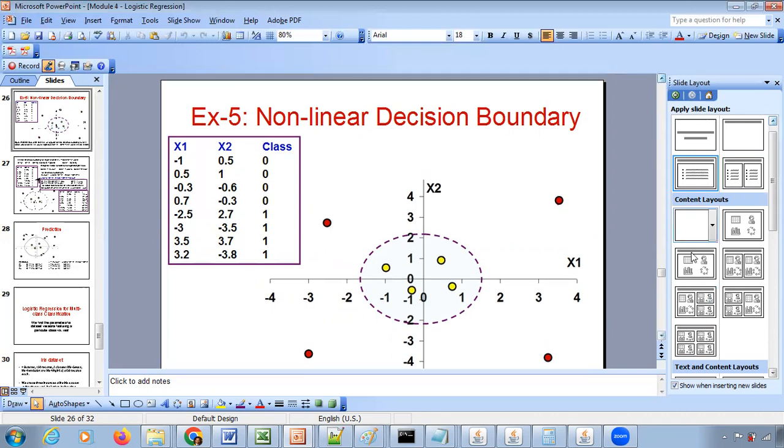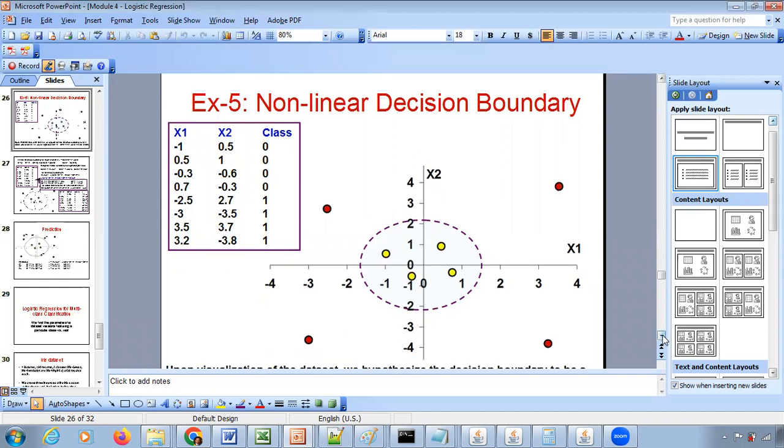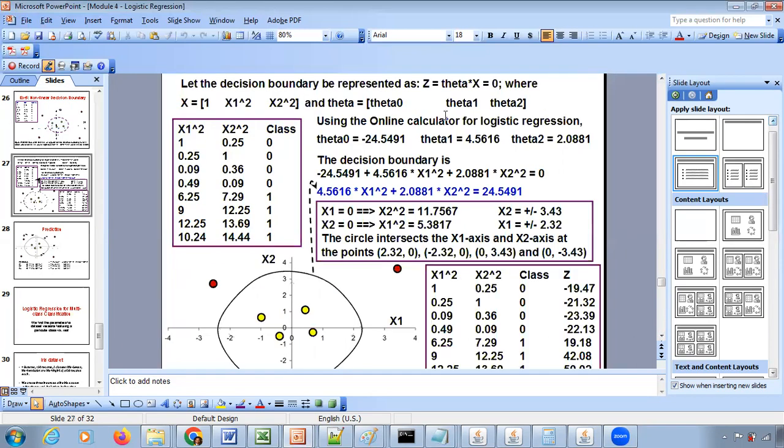So we'll come back to this data set. What we did in logistic regression here is, we know that x1, x2 by themselves do not form a linear decision boundary, but they form a non-linear decision boundary, which can be given by an equation x1 square plus x2 square equals some radius square.